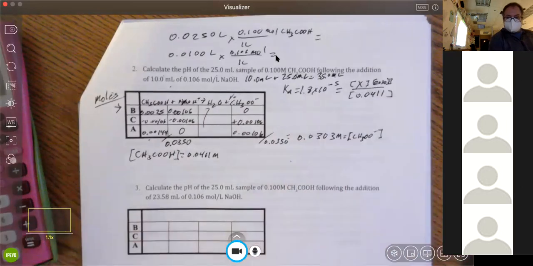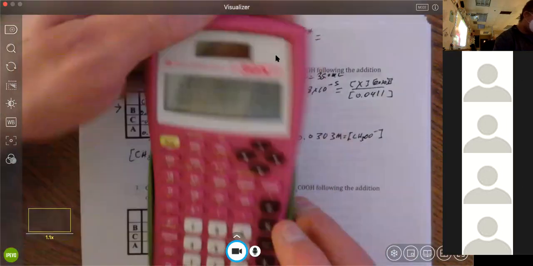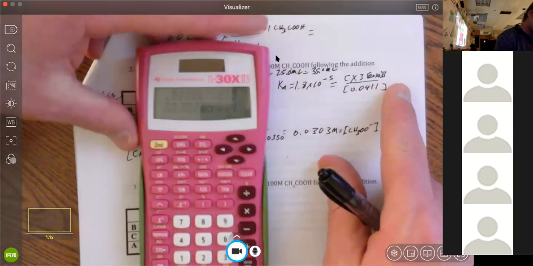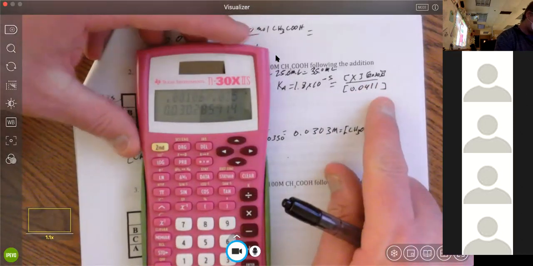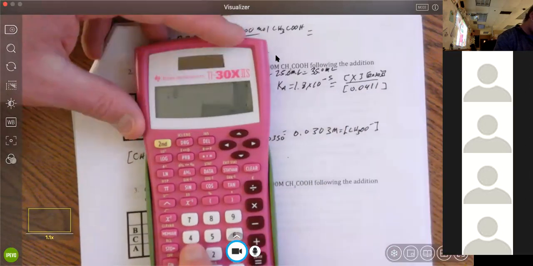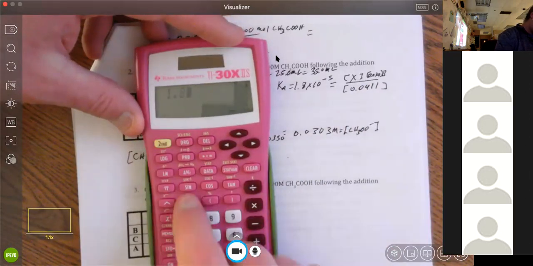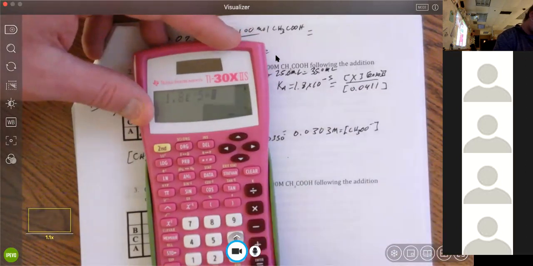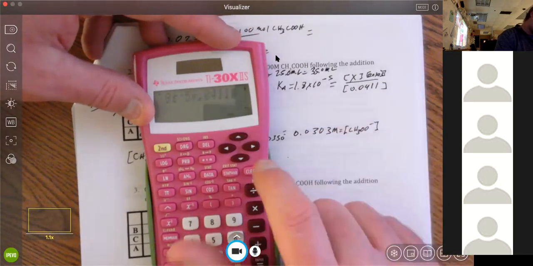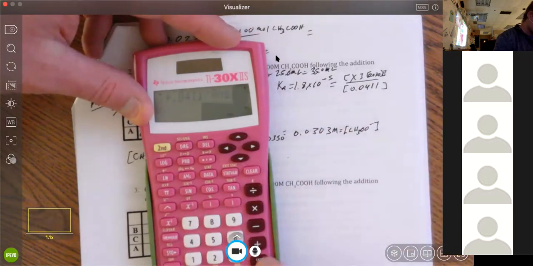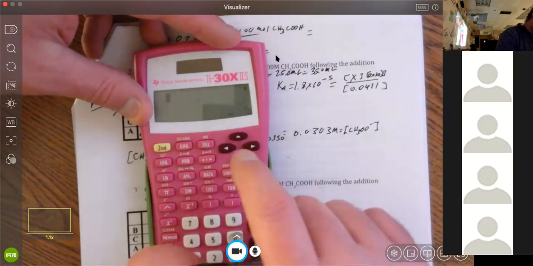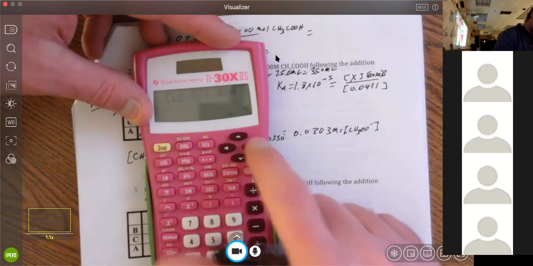All right, so we can plug all of this in then. We have the 0.0303, the 0.0411, 1.8 times 10 to the negative fifth. Since this is on the bottom over here, I'm going to multiply by 0.0411. And since this is on the top here, I'm going to divide by that. And we get a number, and I want it in scientific notation.